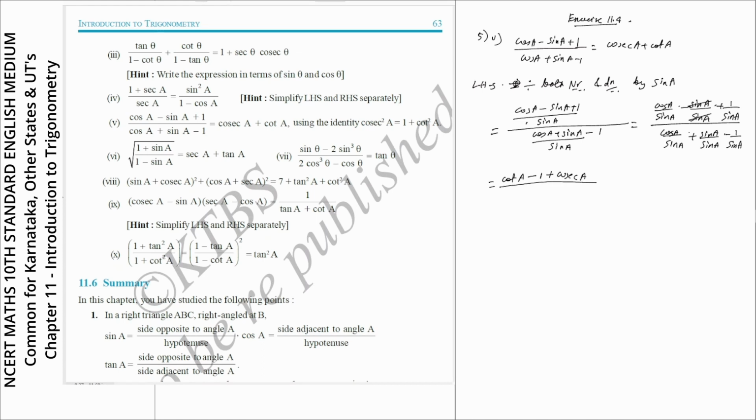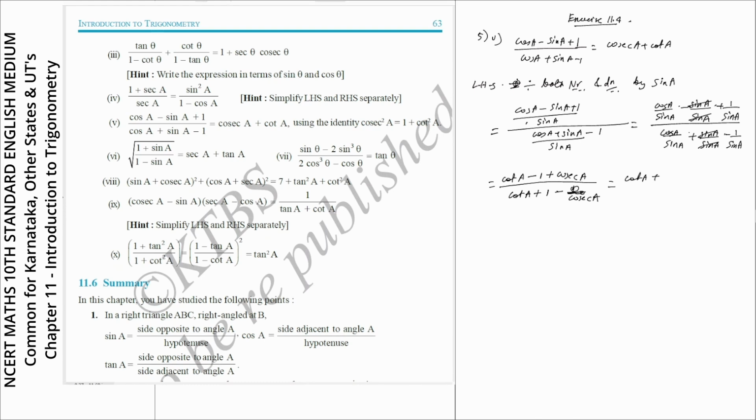divided by, now in the denominator cos a by sin a is cot a plus here sin a by sin a will get cancelled, I will get 1 minus 1 by sin a. 1 by sin a is cosecant a. So minus cosecant a I will get. So now I am going to rearrange this one.